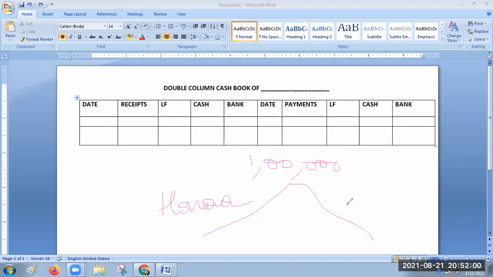From my account they have withdrawn the amount and deposited it in your bank, or they have given it to you physically. That is honoring of a check. The opposite of it is dishonor. It means they will not make payment. They will show various reasons for dishonoring the check.